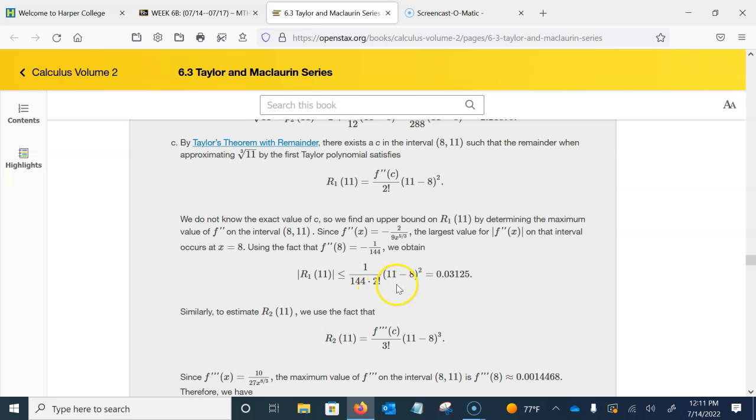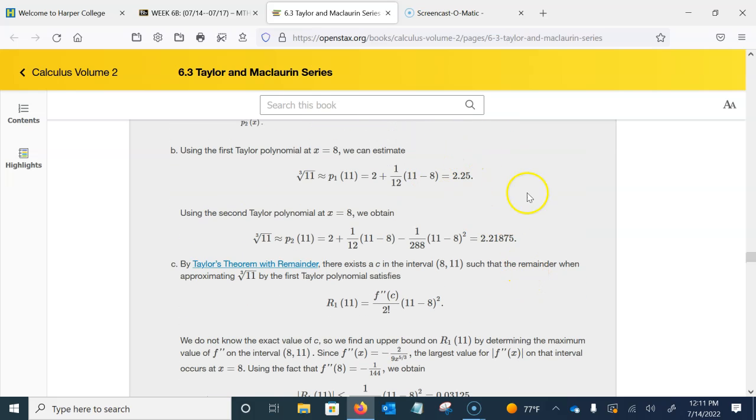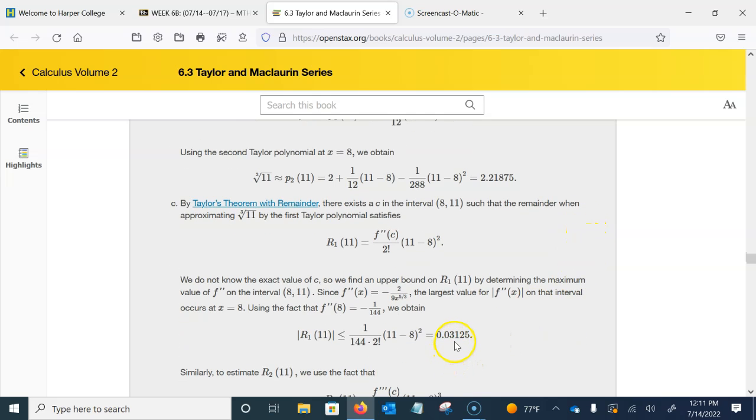There's the 2 factorial, and 11 minus 8, that's 3 squared. So when I crunch this calculation, I get 0.03125. That means that our estimate of 2.25 is going to be within 3.2 hundredths.